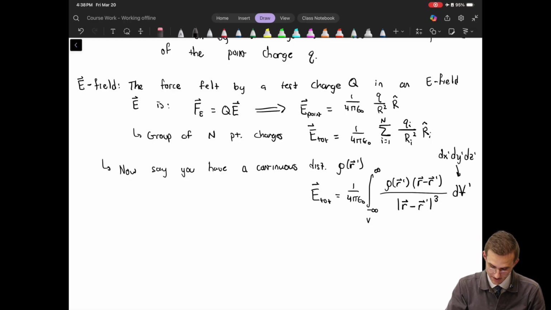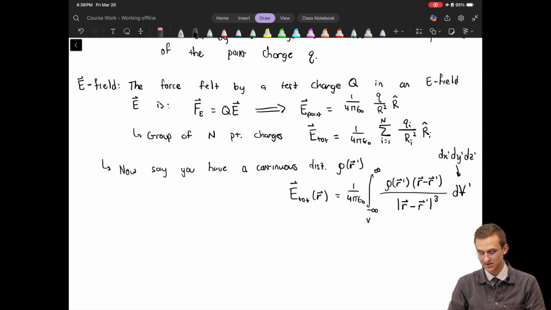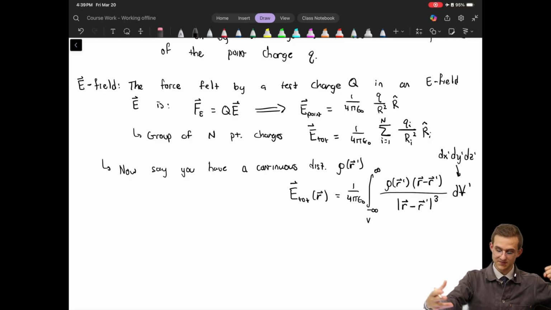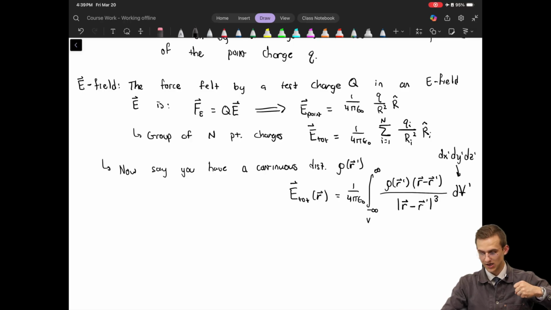Also, this resultant field is a function of R. If you look at the integral, there are still those unprimed R's in there, and that's the position where you want to put your test charge or evaluate the E field. So the E field that's a result of this material at the primed location varies in space as a function of R.